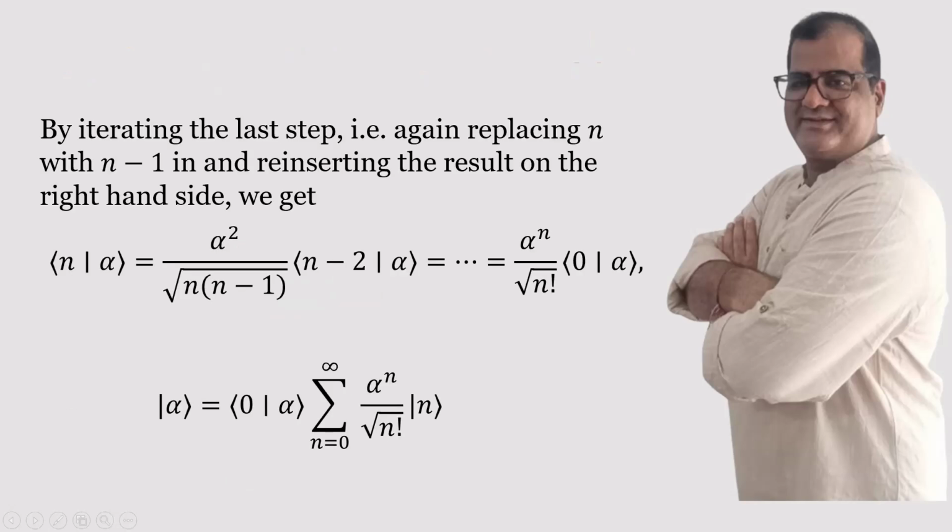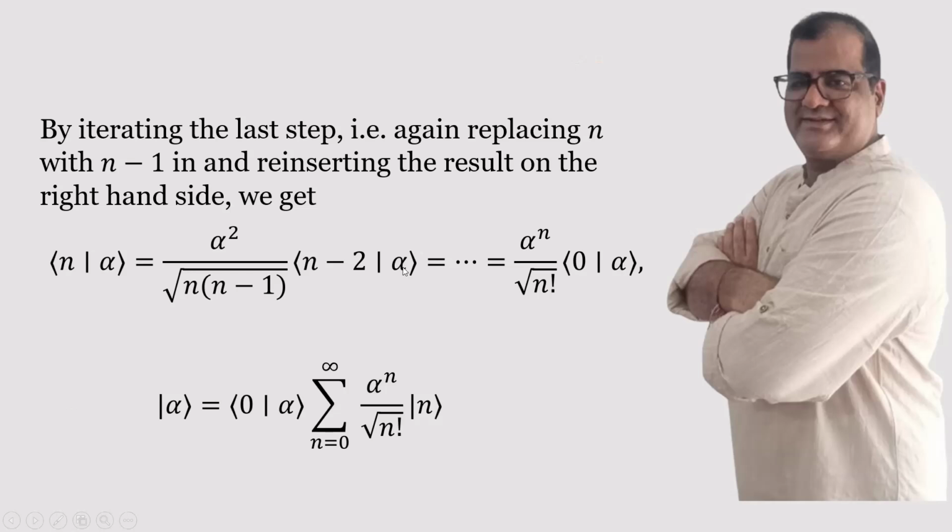Similarly, I can keep on replacing n minus 2 with n minus 3, so alpha cubed and root n, n minus 1, n minus 2 will come. Like that I keep on going up to n terms. This becomes alpha to the power n over root factorial n, times <0|alpha>.